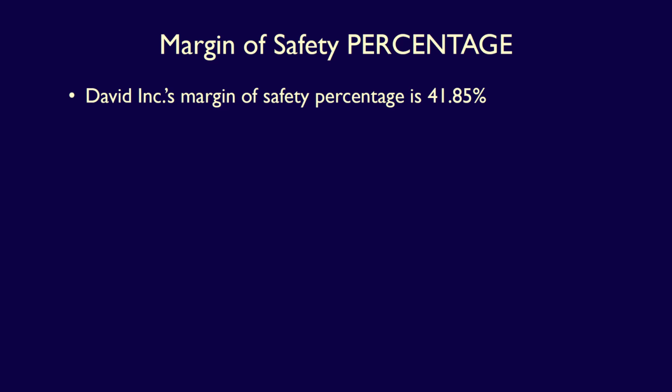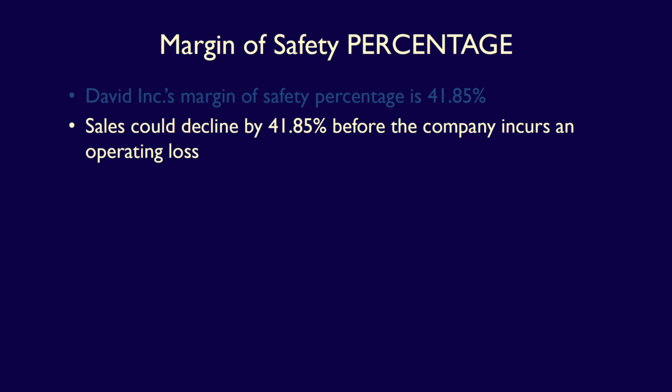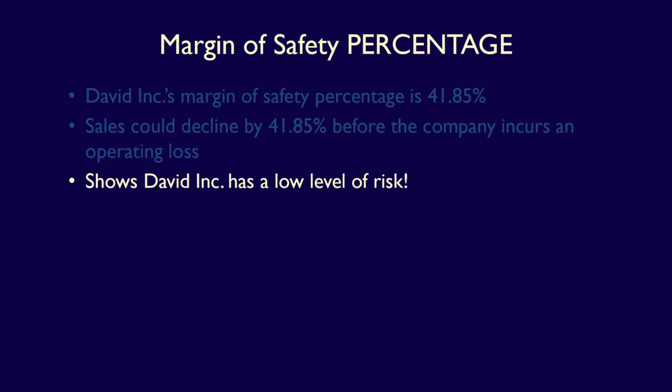What does the margin of safety percentage of 41.85% for David Inc. tell you? It tells us that sales would have to drop by 41.85% before the company would incur an operating loss. This tells us that this company has a relatively low level of risk because sales would have to fall by a large margin, almost 50%, before the company would suffer a loss.